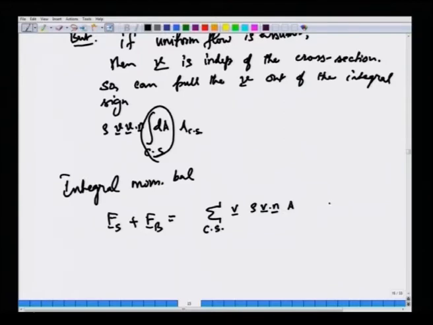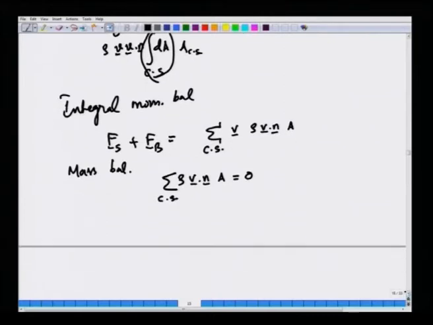This is the momentum balance. The mass balance will simply reduce to summation over C s of rho v dot n A is 0.